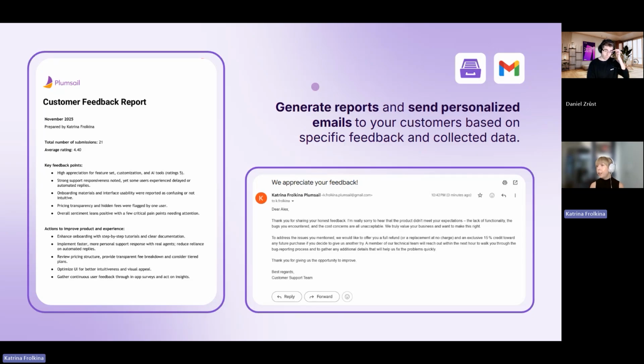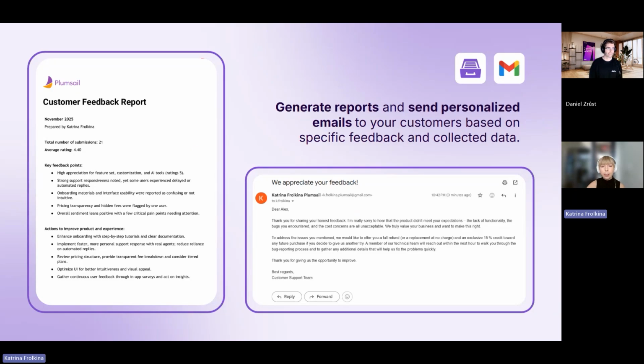And we'll also use it to send an email, sort of like what Daniel did, but in this case, we analyze specific feedback from a specific customer, see what was the pain point, what exactly was the problem, if the feedback was negative, and then the AI will draft the email for the human agent to review, and then maybe make some changes, maybe leave as is, and just send the email to the customer, saving a lot of time. And yeah, so that's for the overview.